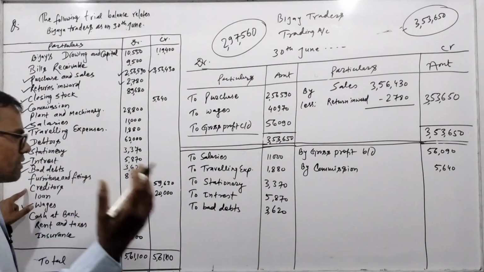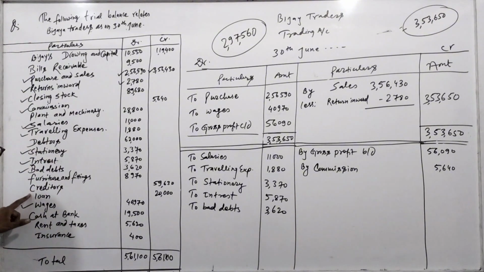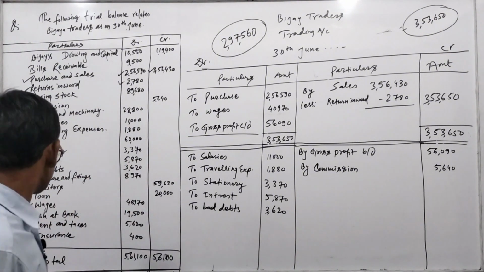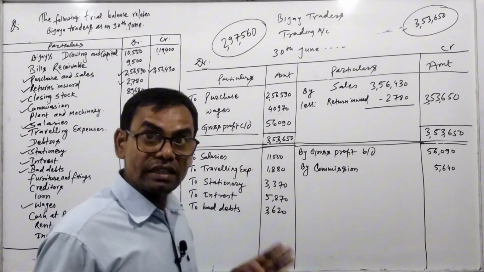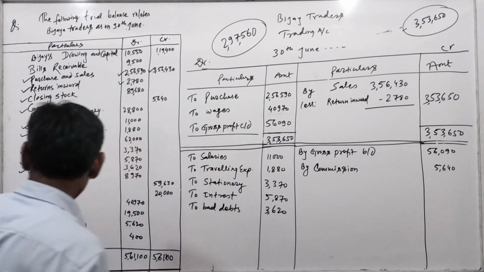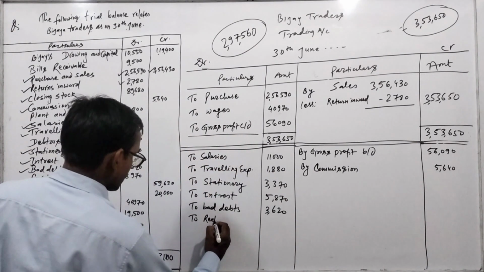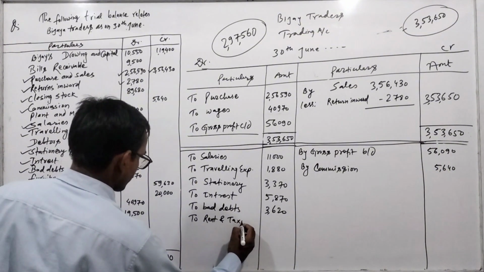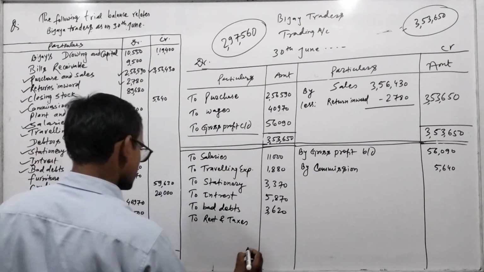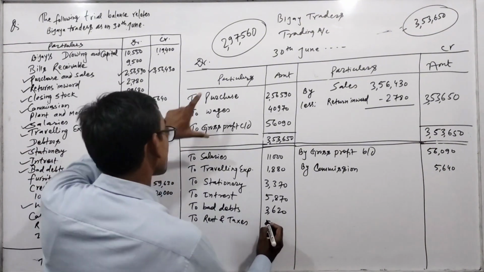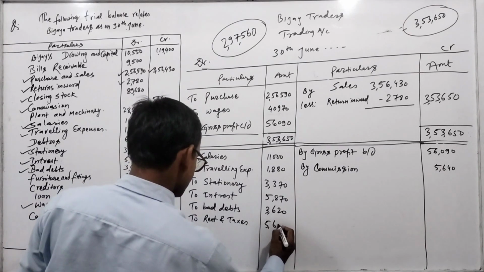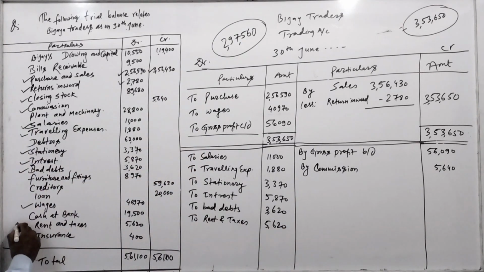Similarly, furniture and fittings go to the balance sheet. Creditors, that is a liability, goes to the balance sheet. Loan, that is a liability, goes to the balance sheet. Cash at bank, that is an asset, goes to the balance sheet. Rent and taxes, that is expenditure. So all the expenditures should be recorded either in the trading account or in the P&L account. Similarly, here insurance.